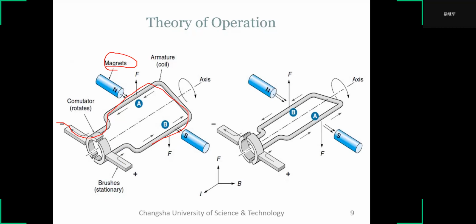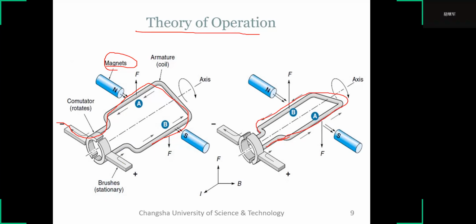When the wire changes position, the direction of the current needs to change.